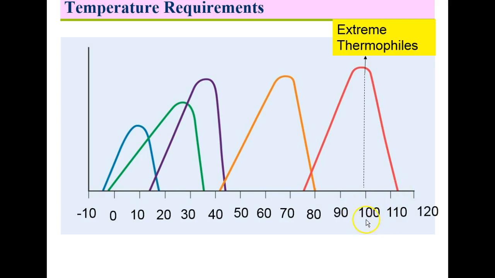Remember that in degrees centigrade, water boils at 100 degrees centigrade, which is around the optimum temperature for these kinds of organisms. So these organisms not only like extreme heat, but require extreme heat for survival. Again, these are very rare organisms that can be found living in extreme conditions like sulfur springs.